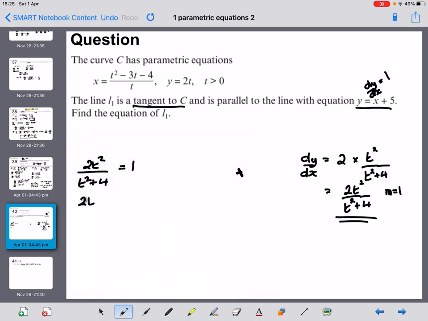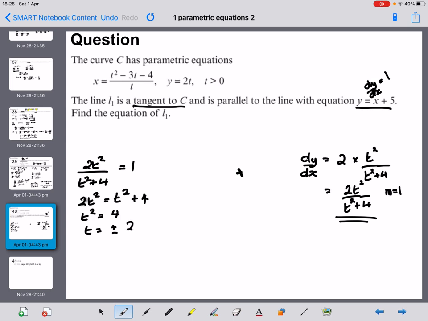So 2t squared equals 1 lot of t squared plus 1 lot of 4. Okay, and then we just need to solve. So t squared will equal 4, which means t is plus or minus 2.